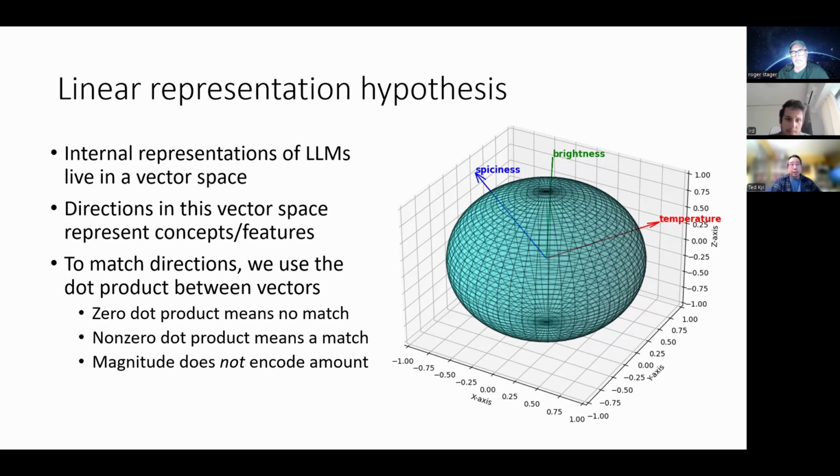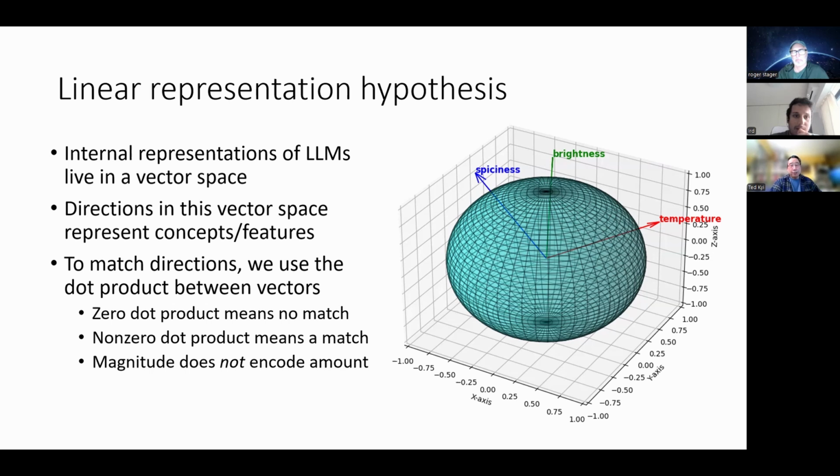In the linear representation hypothesis, directions in the vector space represent concepts, but the magnitude of the vector does not mean anything. So if you are pointed northeast, and that represents that something is hot, then a vector of magnitude 1, a vector of magnitude 2, a vector of magnitude 10, they all just mean yes, hot.